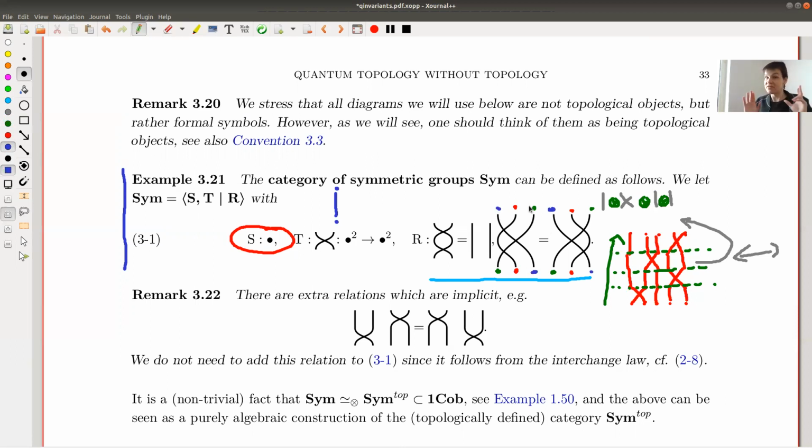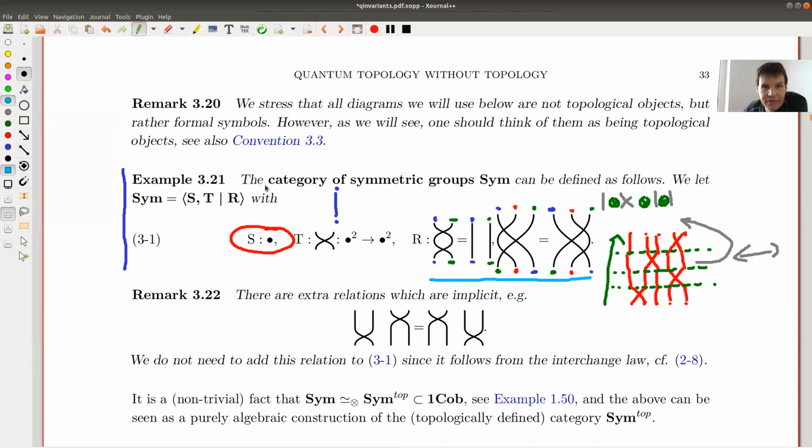And the real magic about this generator and relation presentation is that this is all you need to impose. So here's, by the way, the same. Of course, they are the same permutation. Voila, as you can see. The point is that just having those two relations immediately implies that all ways to draw a permutation in this sense give the same answer, which is not trivial and a bit surprising, but anyway.